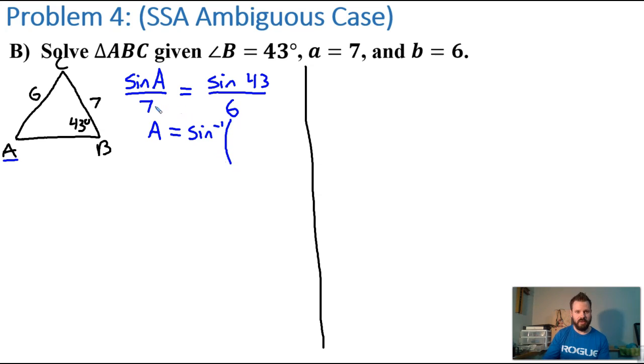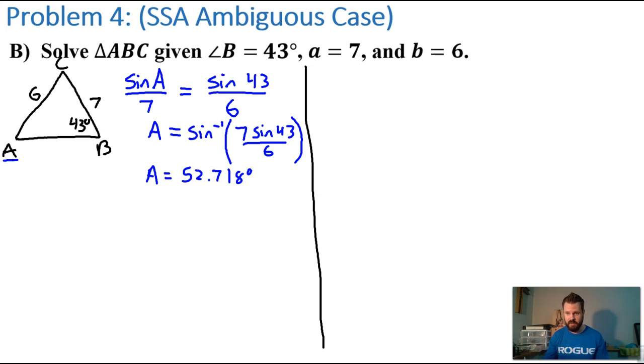And then if I look up here, I need to move this 7 up by multiplying, so it's just going to be 7 sine 43 over 6. If you need to pause the video and work from this step to this step more slowly on your own, that's fine. But I'm just going to jump right to what I'm plugging into the calculator. When I plug that in, I get 52.718 degrees for my big A.